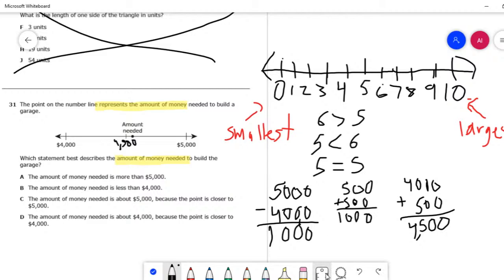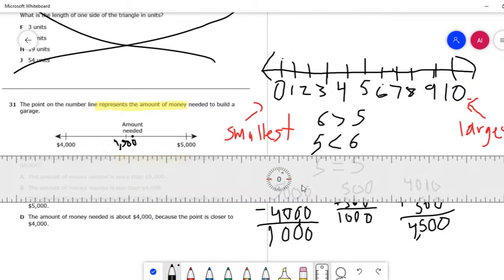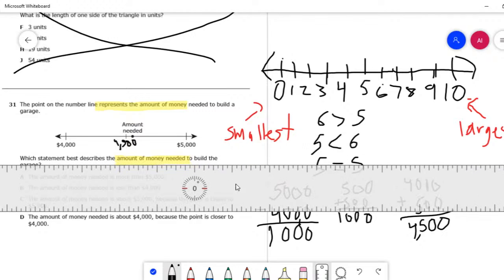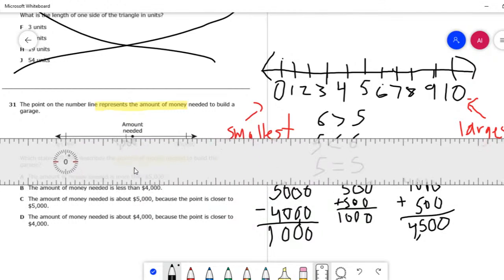Another easy way we can look at that is with a ruler. Like I talked about earlier, on a number line, numbers are generally equally spaced. So if we set our ruler here at 4,000 and measure it to this dot, we have 1, 2, 3, 4, 5, 6, 7, 8, 9, 10, 11, 12, 13, 14 units. We have about 14 units from here to here.